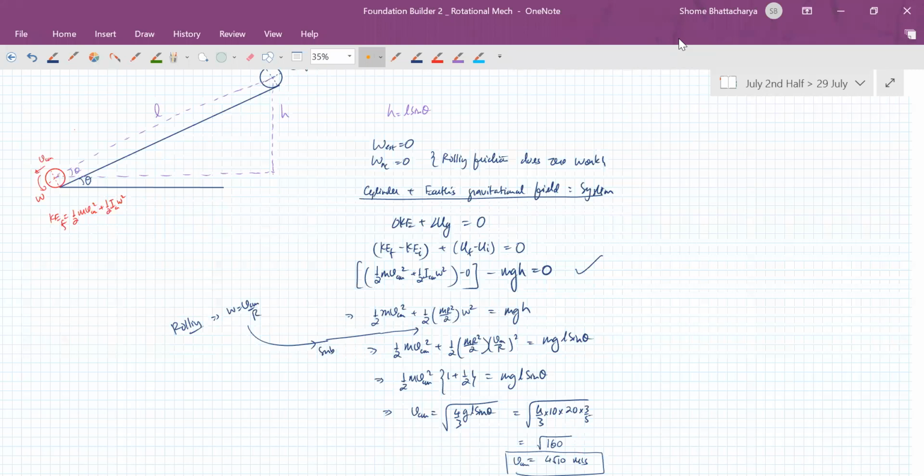I will keep some time for doubts, and if you have doubts directly in questions from HC Verma or module, you can send me the question number or the picture of the question on WhatsApp. I will send you some hints also. We will keep some time for discussion of doubts once you complete these exercises before we come to the next part of the syllabus.